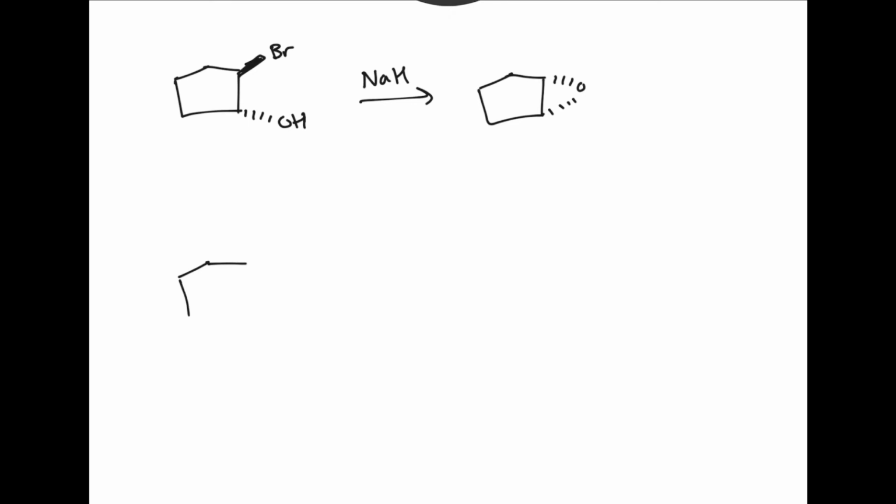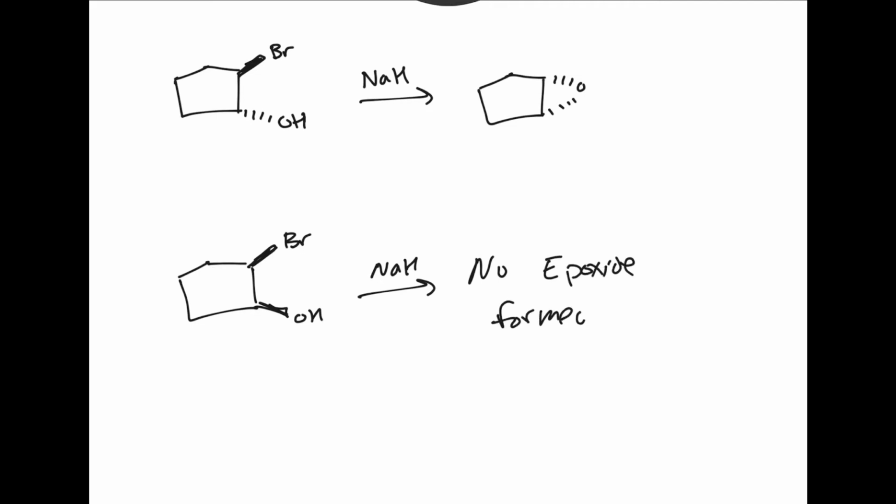Now, if they're on the same side of this ring, I have my sodium hydride. I won't make the epoxide, because there's no way my oxygen can get behind my halide to do the displacement, because they're on the same side of the ring.